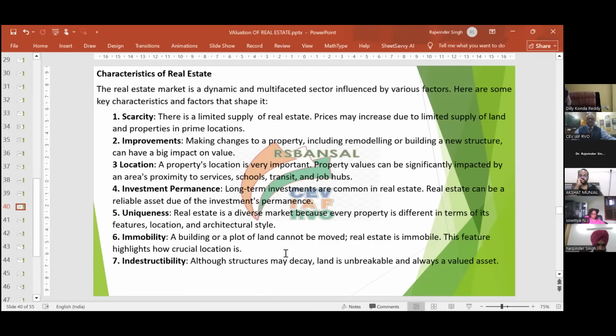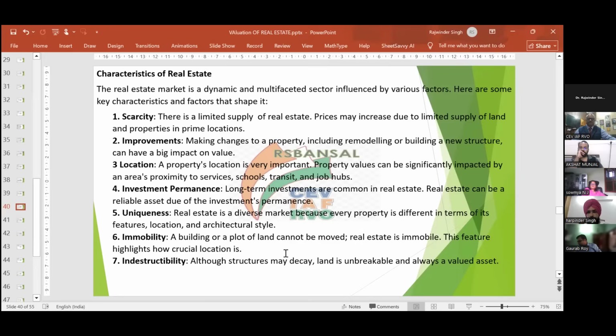For example, air is available in abundance, or iron is available in abundance, as compared to gold. Because of scarcity of gold, it has more value, it has more price. So, because of scarcity of land, real estate has more value.